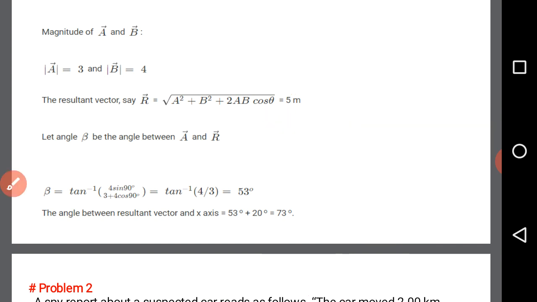So the resultant has 5 meter length. 3, 4, 5 is the triplet, so 5 is the resultant.